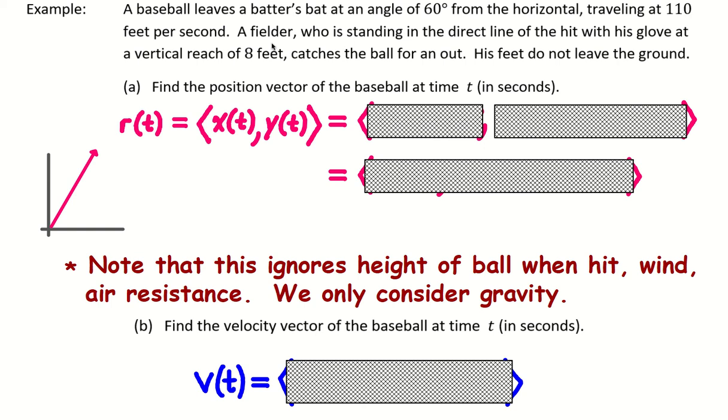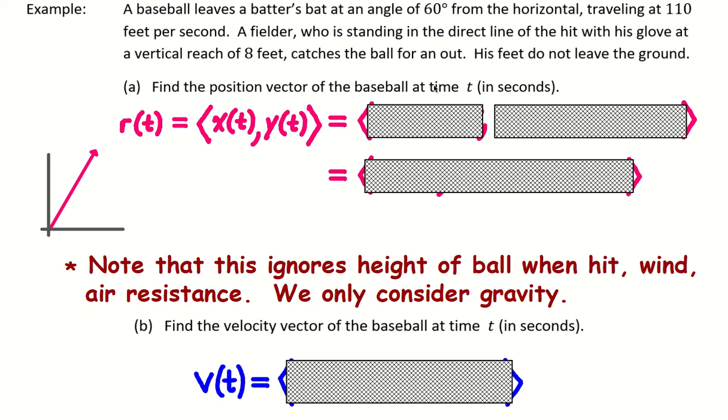A fielder who is standing in the direct line of the hit with his glove at a vertical reach of 8 feet. So the glove is 8 feet above the ground. Catches the ball for an out. His feet do not leave the ground.